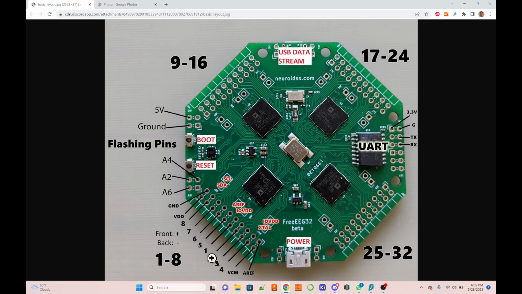And the bias pin is, every ADC has a VCM, and that's in this position. And considering that these blocks of pins rotate with 90 degrees every time, so it's here, and for this ADC it's here, and this ADC is here, and this ADC is here, and then the VCM pin is connected on all these four positions internally on the board.